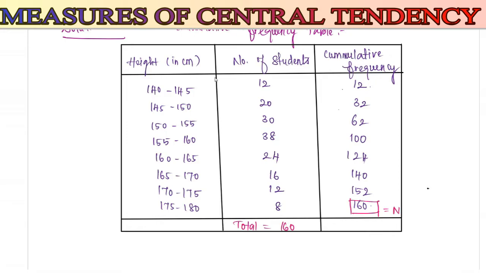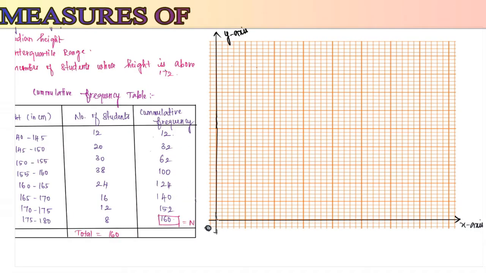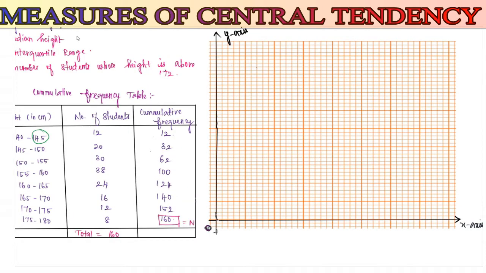Now here, without using that formula, we are going to find the median, interquartile range and number of students whose height is more than 172 centimeter. Now we have drawn the graph here. Now we have to mention the intervals.